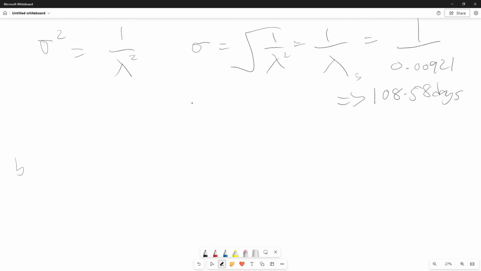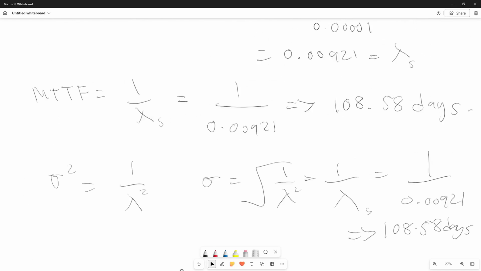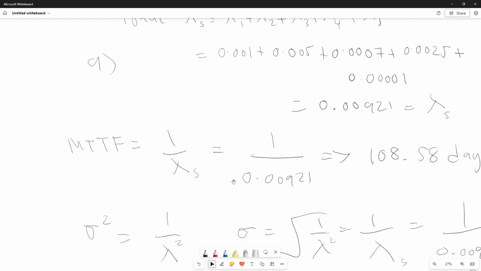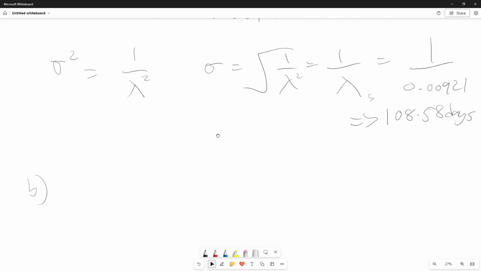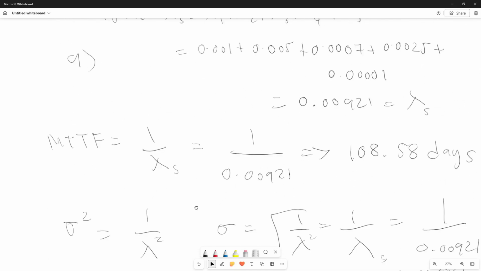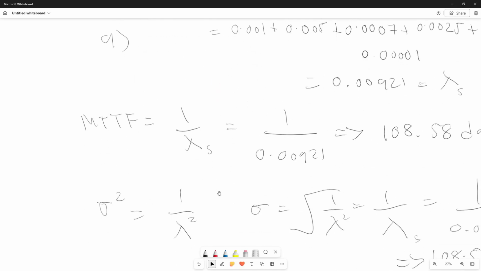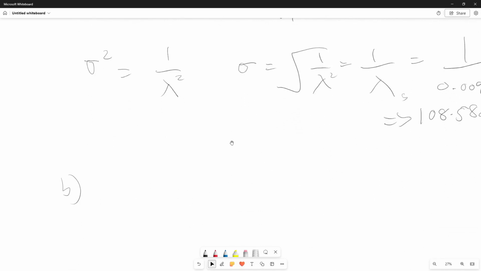So now this is part B. System design life, if a reliability of 0.99 is desired. So reliability when R is 0.99.